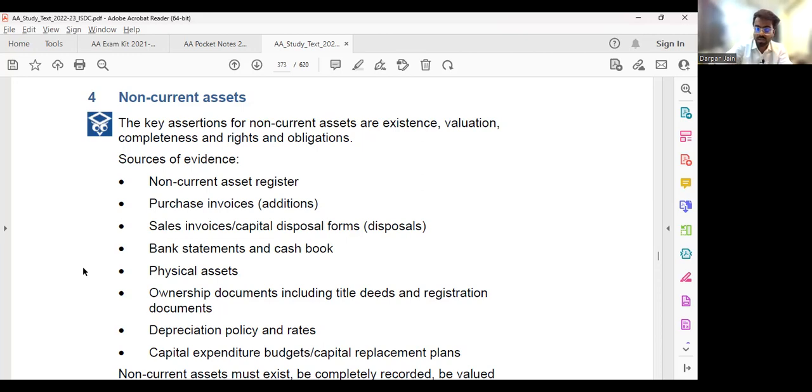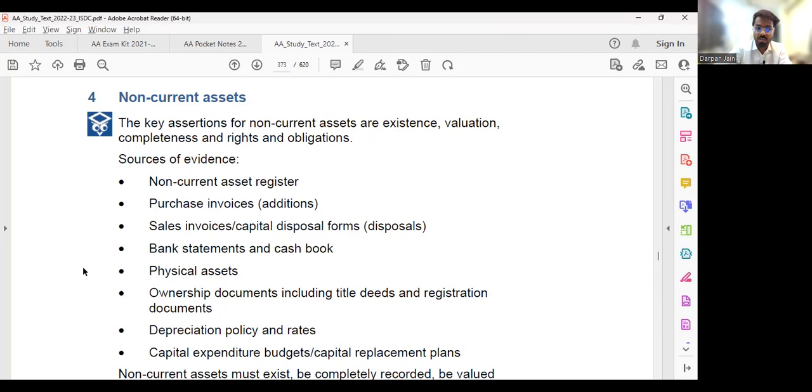In the bank statements. So you can check the bank statements to see the amounts which have been paid or received. Great. So bank statements and cash book.